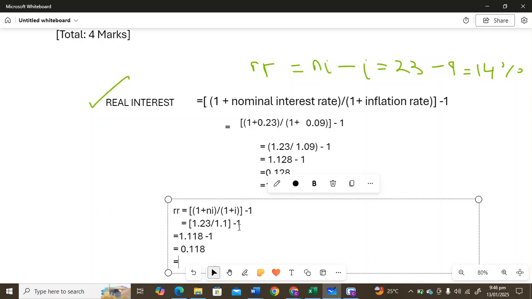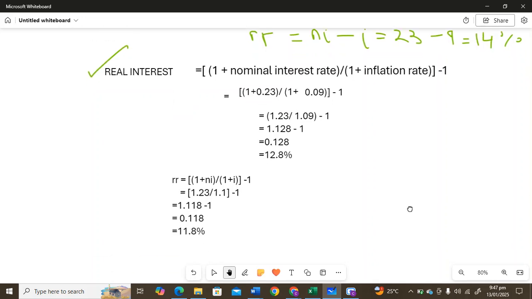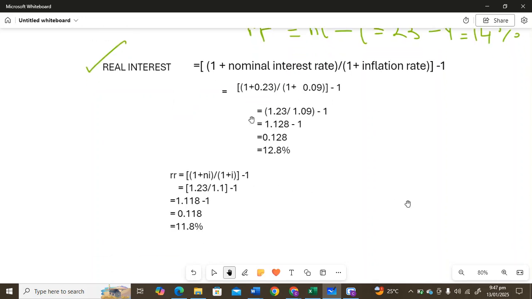Convert this into a percentage, that will become 11.8%. So that is the real interest rate. If the inflation rate increases to 10%, this becomes our real interest rate. Any questions, colleagues? Are we all satisfied with that?